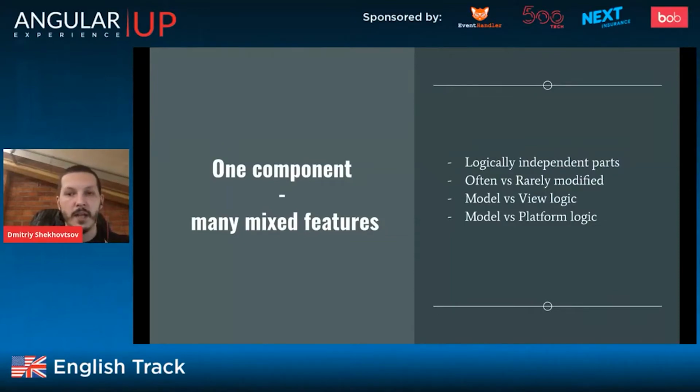Let's think about it and try to split it into logically independent parts: often versus rarely modified parts of your component, model logic versus view logic, by removing many nasty things from your HTML which perform calculations or expressions to the model itself or vice versa, and model versus platform logic.